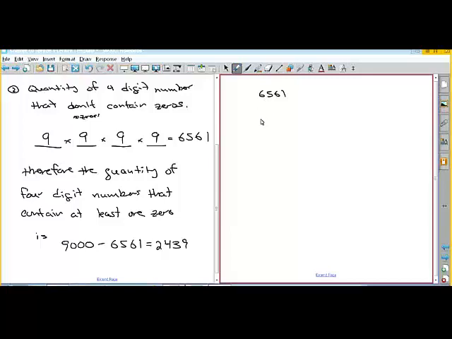So what you could do is say, if I add 2,000 to that, I'll be up to 8,561. Then if I add 400 to that, I'll get to 8,961. And then if I add 30 to that, I'll get 8,991. And then if I add 9 to that, I'll get to 9,000.